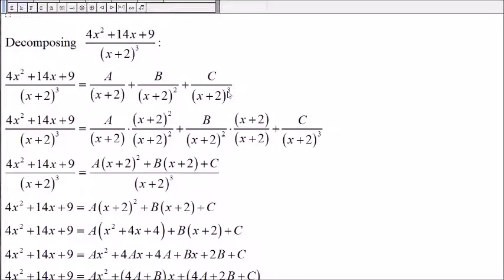And then if we look down here, the common denominator is x plus 2 to the third. So we need to multiply this fraction by x plus 2 squared over x plus 2 squared.